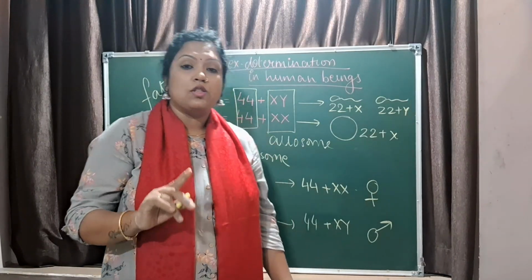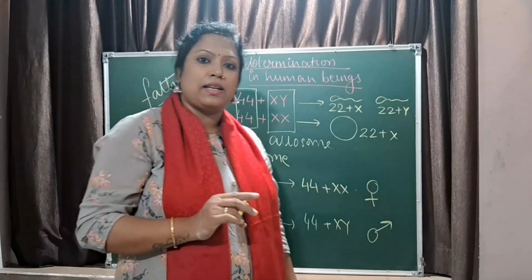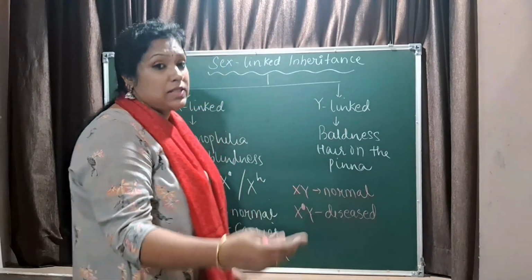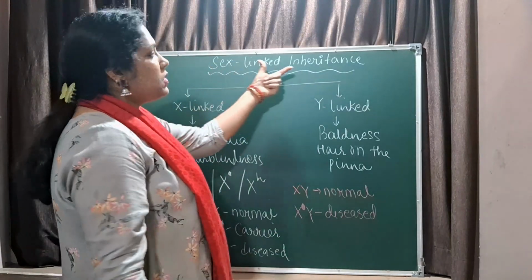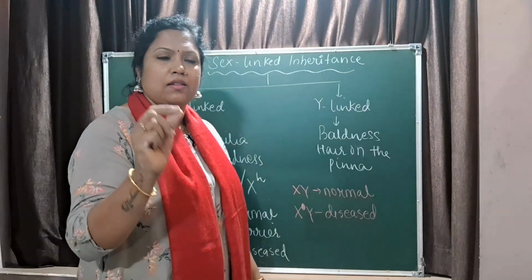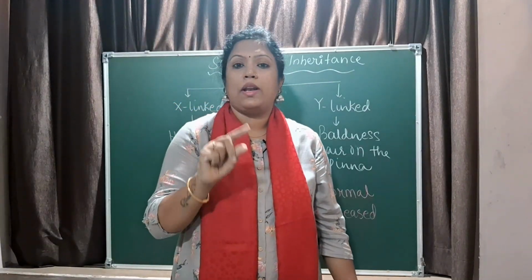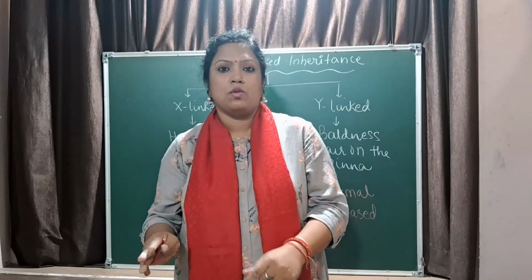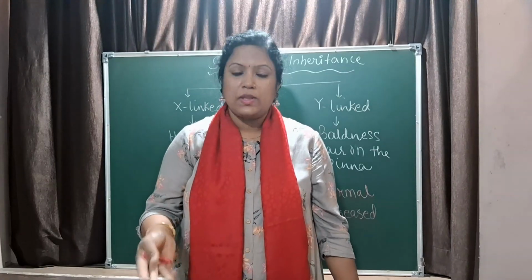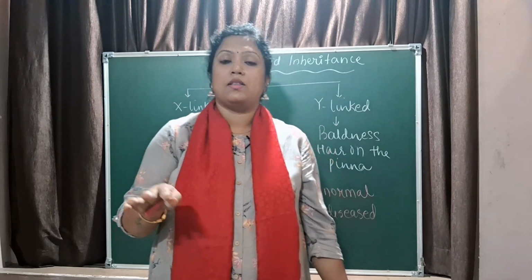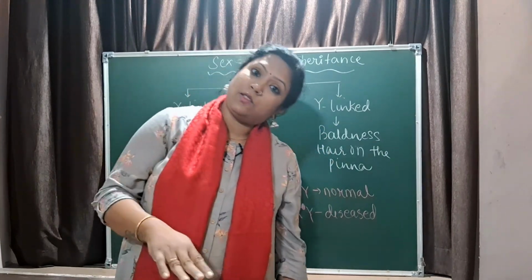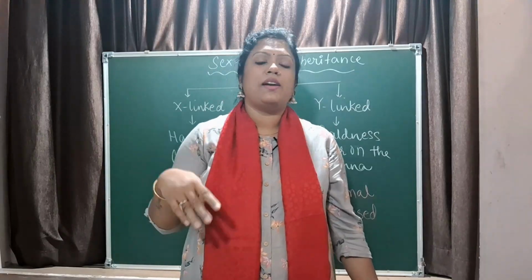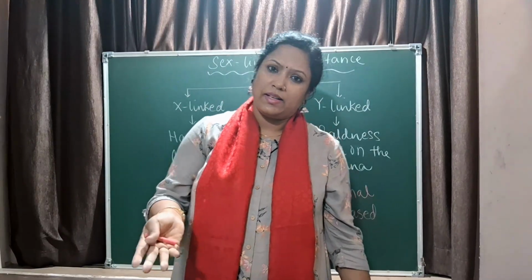Is that clear? Next we will talk about X-linked inheritance, or sex-linked inheritance. Any trait present on the X chromosome or Y chromosome, that is, a trait present on allosomes, determines the disease. Traits present on the X chromosome are called X-linked inheritance, and all those traits inherited from the Y chromosome are called Y-linked inheritance.